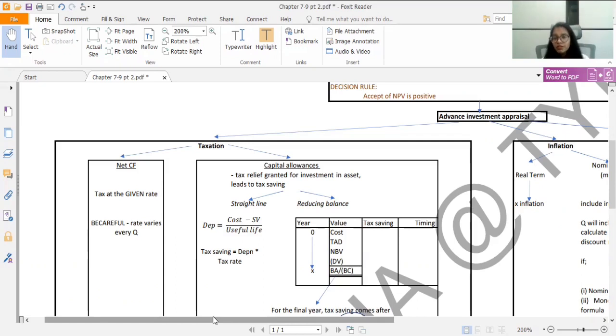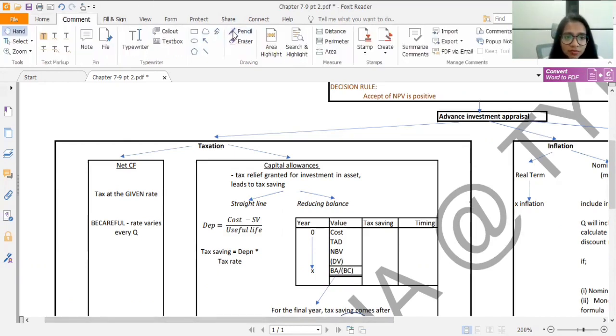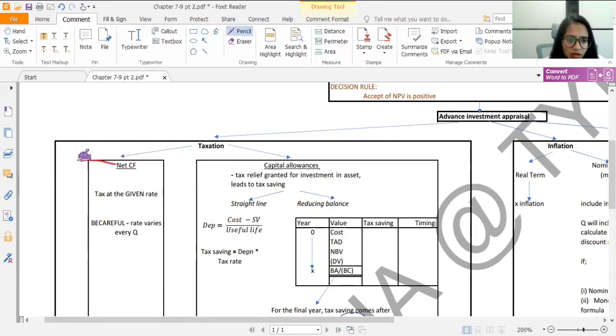For example, if you have a profit in year one, that's a net cash inflow, and that amount would attract tax at the tax rate given by your examiner. Just to give you a direction: taxation on net cash flow occurs when the operating cash flow is positive.